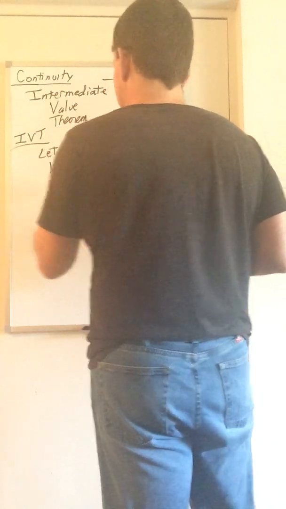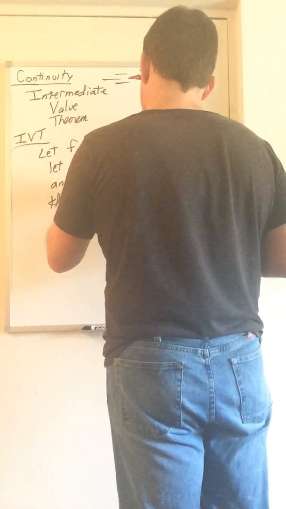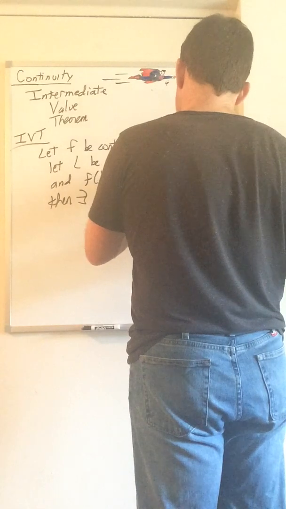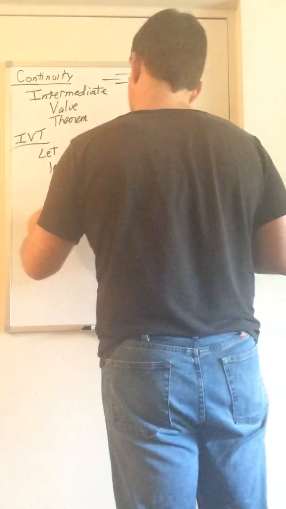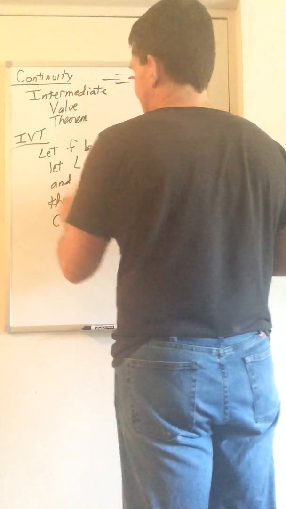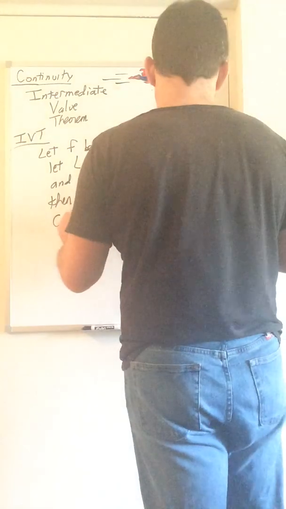Then there exists, remember backwards capital E is there exists, at least one number C such that, backwards curve E, there, you see the one on top of the other, so you can learn how to write them and keep them straight, okay?